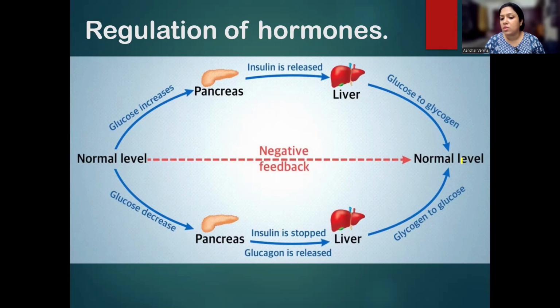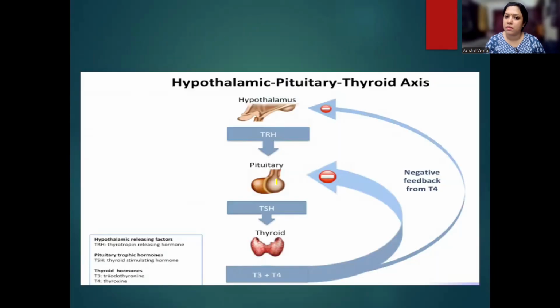Once it is at the normal level, the insulin will be stopped, right? That is, as the level of glucose drops, insulin is stopped, and glucagon takes over. So they together maintain a normal glucose level in the blood.